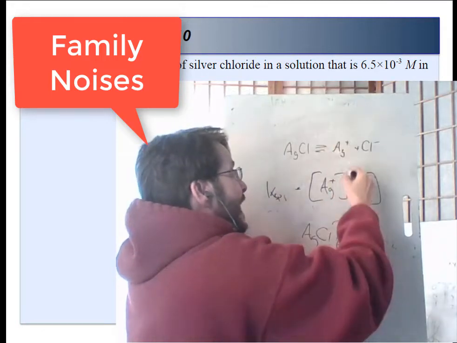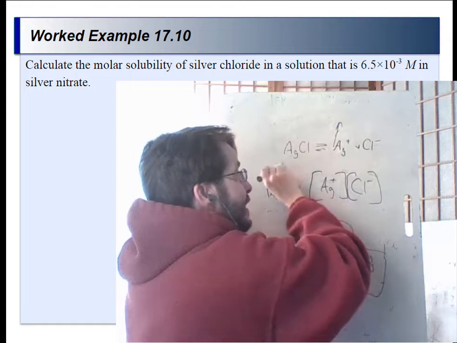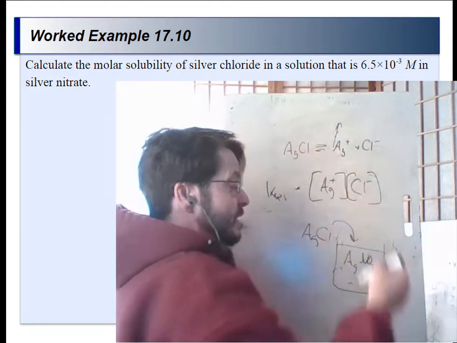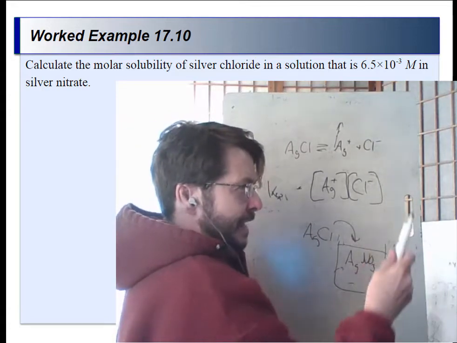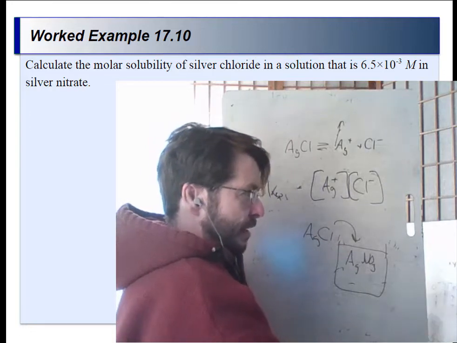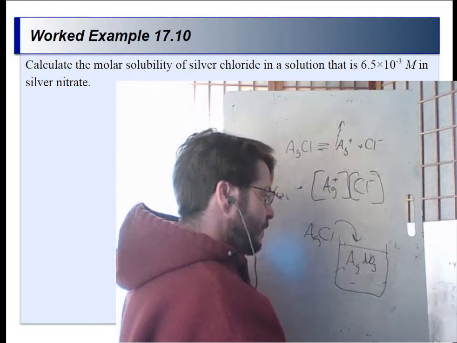So by having a fixed high concentration of silver, less silver chloride should dissolve, and so more of it should precipitate out. And this is exactly what happens. If you drive up the metal ion in some way, oftentimes it will prevent more of it from dissolving.